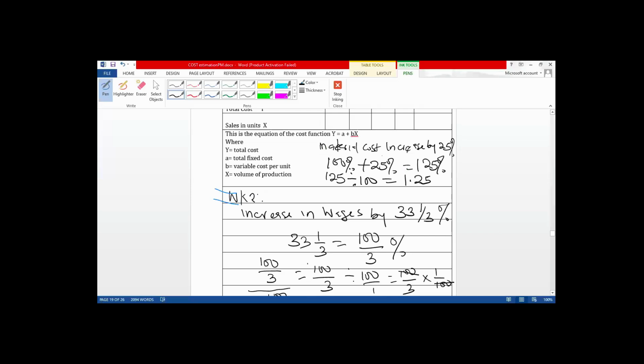Your material cost before increment was 100%. The examiner now says material cost increased by 25%.